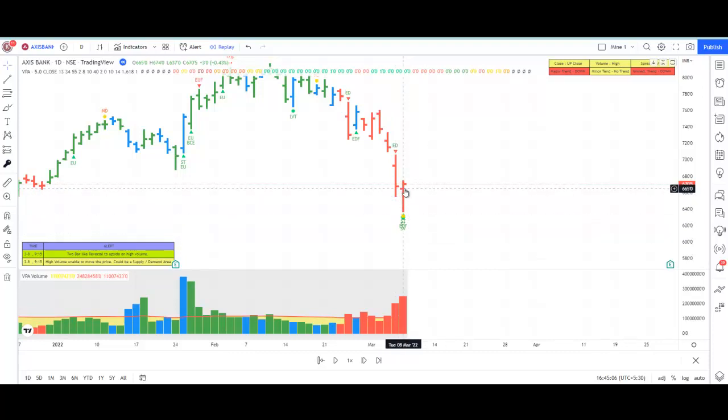And here, as you can see, it's a long wick indicating there was some supply and it was clearly overcome and the demand pushed the price back near the high here. So we can see that a lot of short traders have been trapped in this bar here.